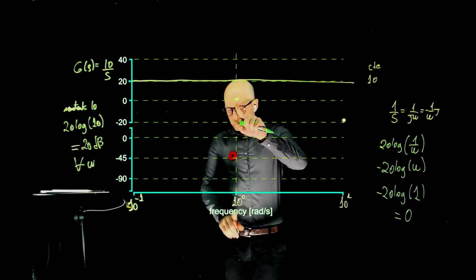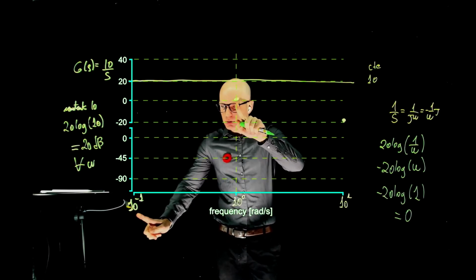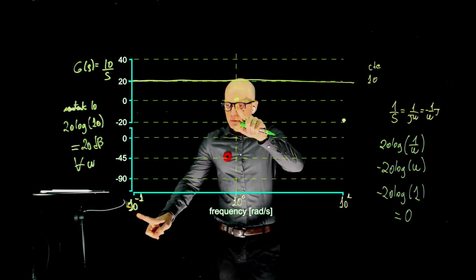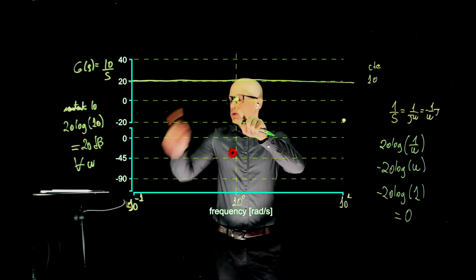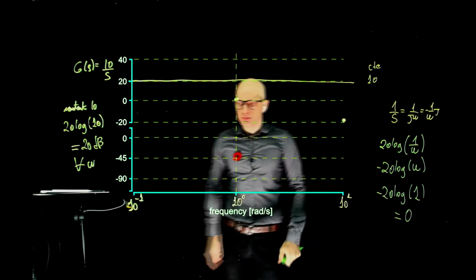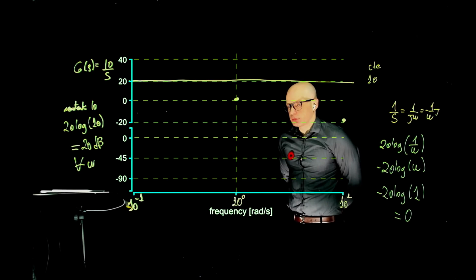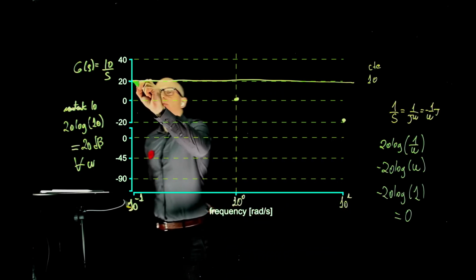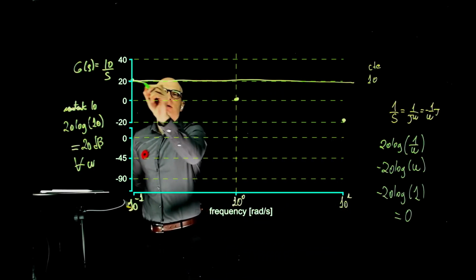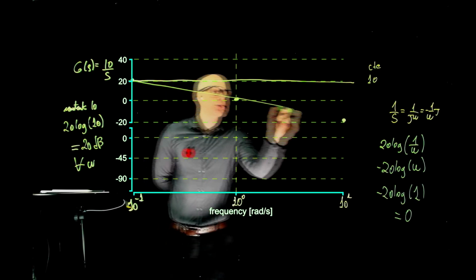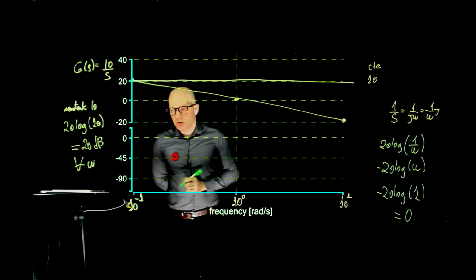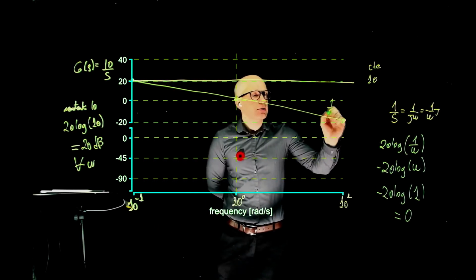If here we are at 0, now we're going backwards. We are decreasing the frequency by a factor of 10. What is the magnitude at 10 to the power of negative 1? 20. Exactly. So that's 20. It's right there. And this is for 1 over S.